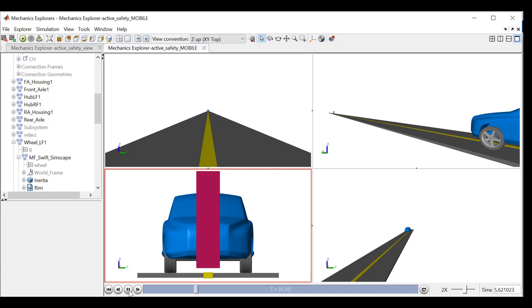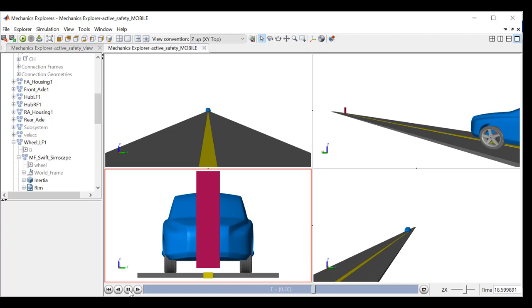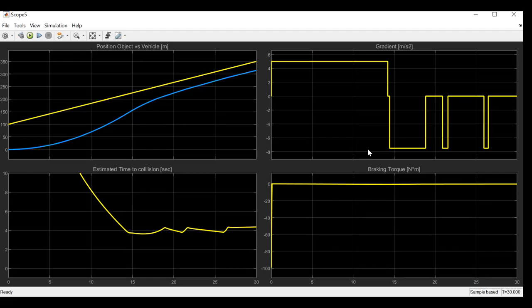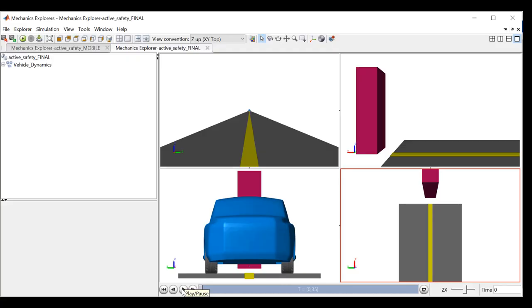At around 14 seconds, gentle braking is applied and the vehicle keeps distance nicely with the mobile target, as you can see in the animation. This is confirmed by the plots of position of the target versus vehicle and even estimated time to collision.